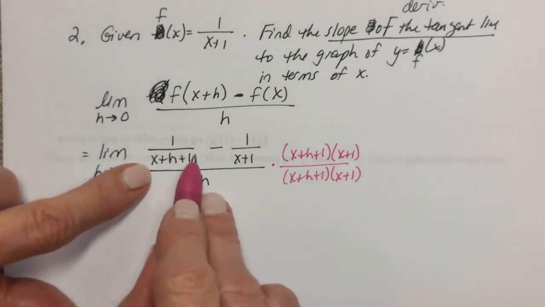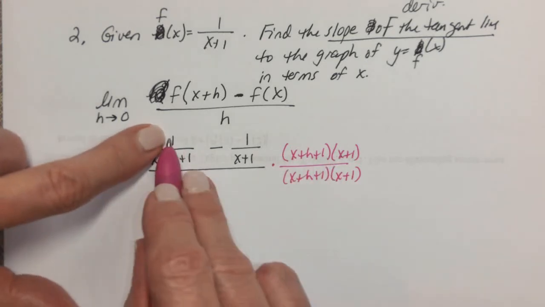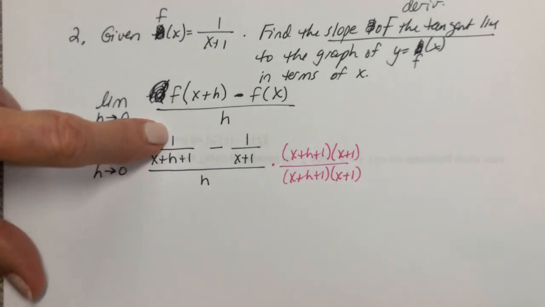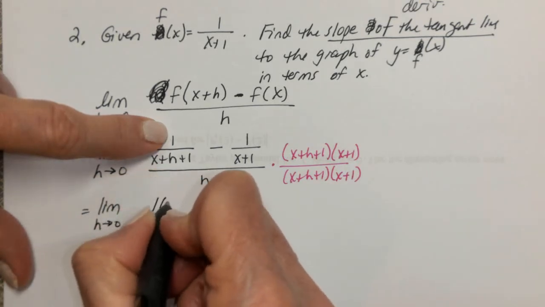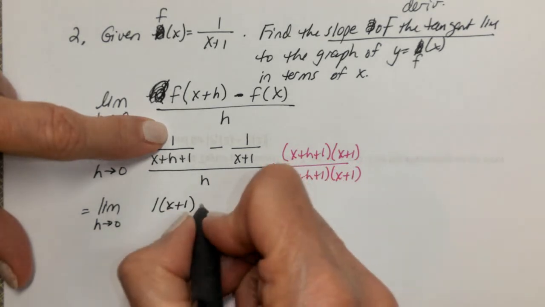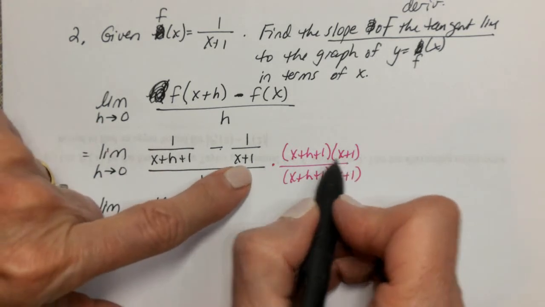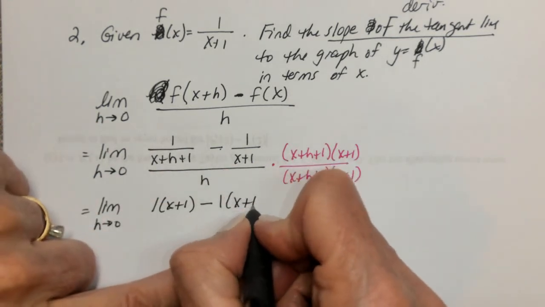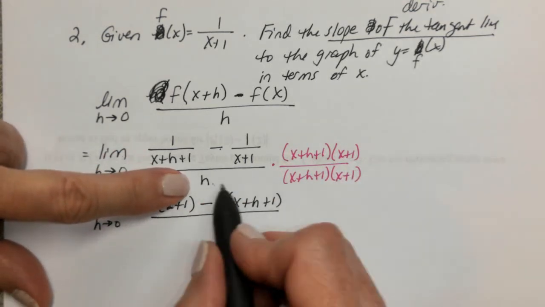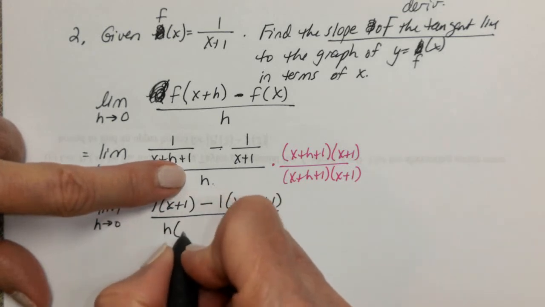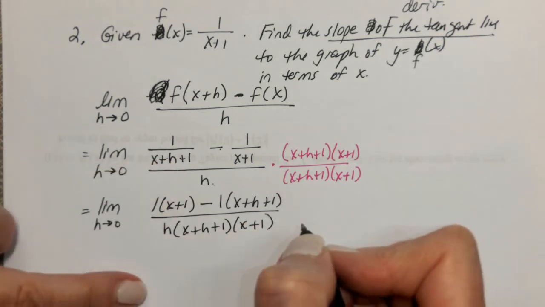For this first term, the x plus h plus 1 will cancel with this x plus h plus 1. I'll be left with 1 times x plus 1 minus this 1 times, okay, the x plus 1's cancel, and I'm left with x plus h plus 1, all divided by, and in the denominator we do not distribute, we just leave it, because if you distribute you're going to have to turn around and factor, and that might be difficult to factor.